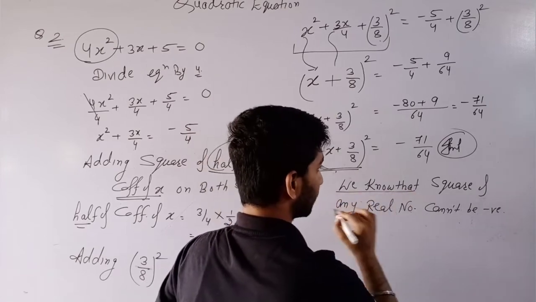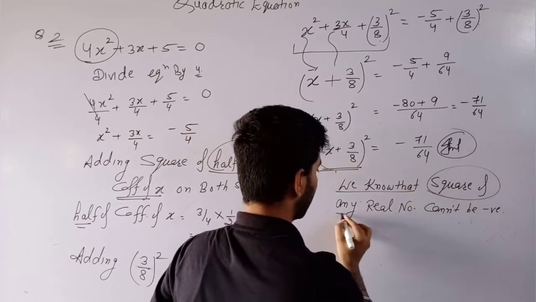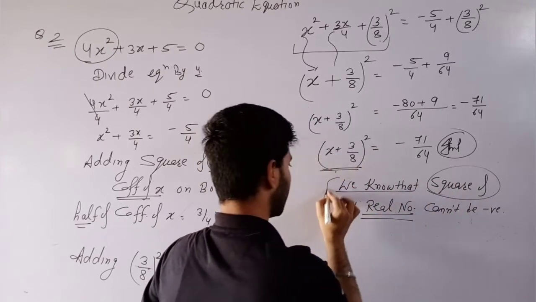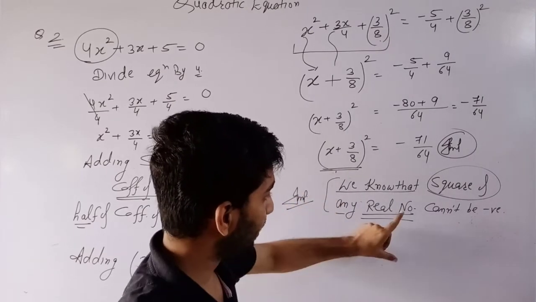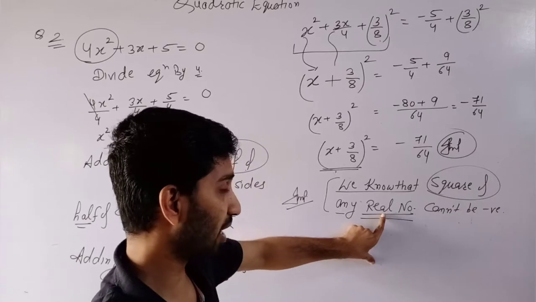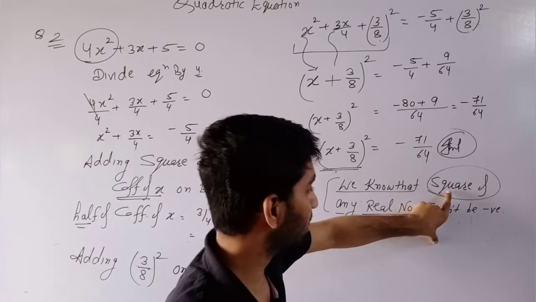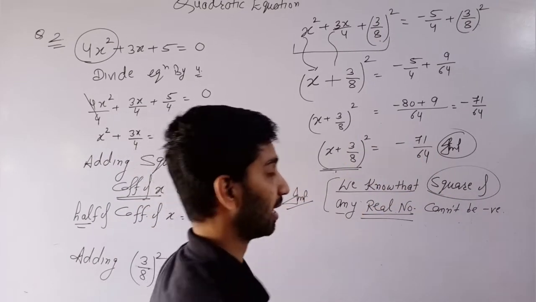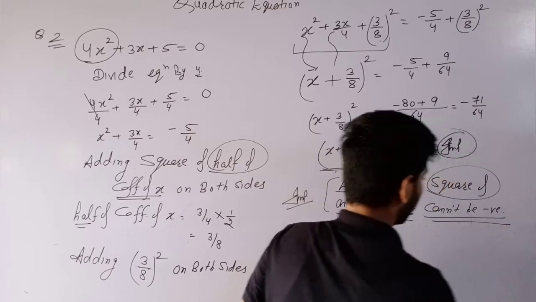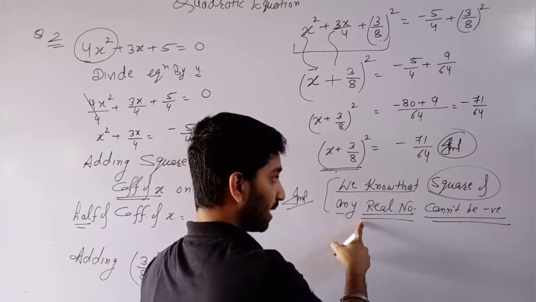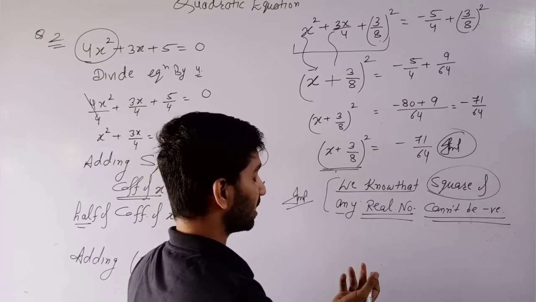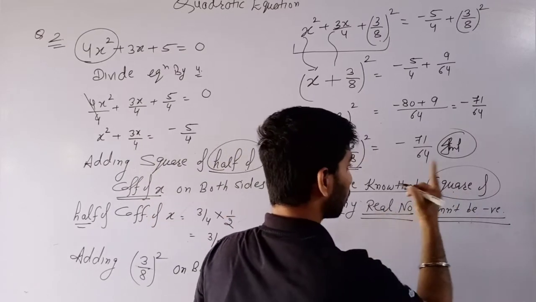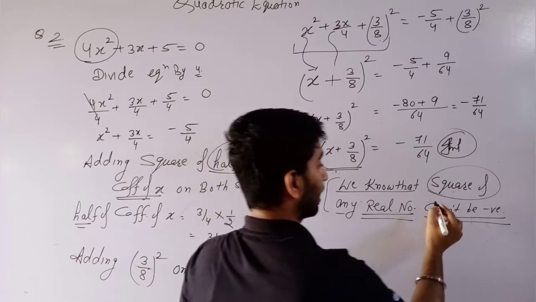It is the important result. We know that if we have any real number, then its square is always positive, cannot be negative. तो रियल नंबर है, रियल नंबर रेशनल, इरेशनल, नेचुरल, होल, इंटीजर, उसकी जो स्क्वायर है वो ऑलवेज पॉजिटिव रहने वाली है, कैन नॉट बी नेगेटिव.